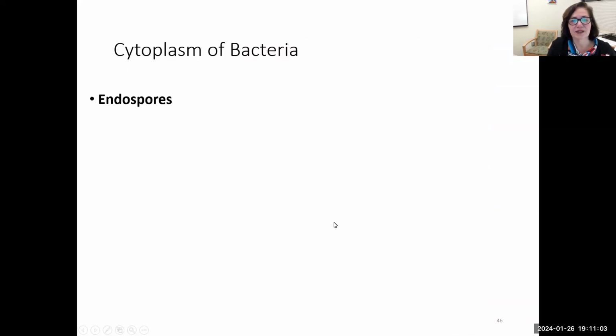All right, continuing with this part of the chapter, we go over a section called endospores. So endo means within, and a spore is like a little solid thing. This is actually the secret to certain bacteria being so resistant to cleaning and being able to get rid of them.